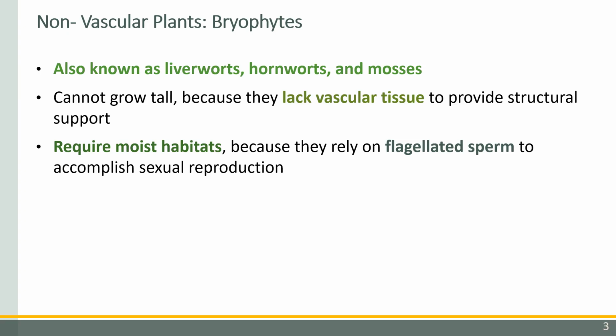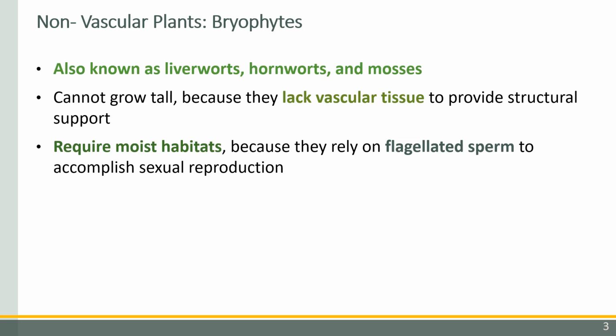The other important thing is that a vascular system is going to provide structural support. The reason is that a vascular system has essentially reinforced cell walls to make them extra strong. And without that structural support from the vascular tissue, the plant cannot grow large. So the vascular tissue is kind of doing two things in a land plant.